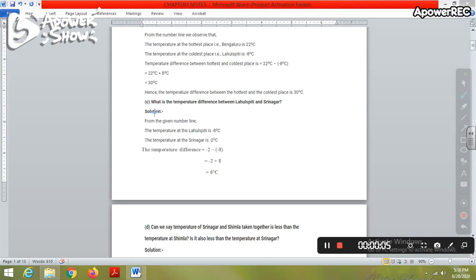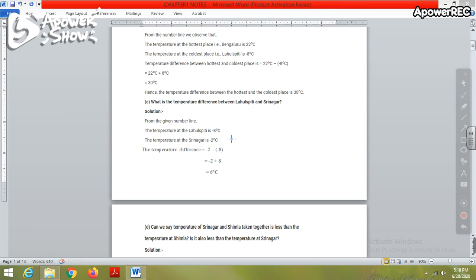Part C of question number 1 says, what is the temperature difference between Lahaul Spiti and Srinagar? From the first part we get the temperature at Lahaul Spiti is -8 degrees Celsius. The temperature at Srinagar is -2 degrees Celsius. So the temperature difference equals -2 minus -8.